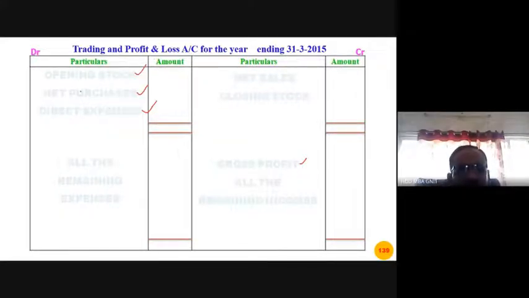On the debit side, we show expenses. Direct expenses are in the trading account and other expenses are in the profit and loss account. On the credit side, we show direct incomes in the trading account and all remaining incomes in the profit and loss account. Simply, expenses are on the debit side and incomes are on the credit side. So this is the format we have to prepare here.